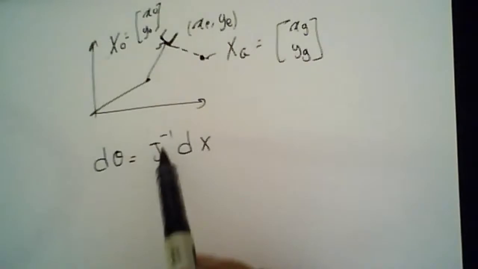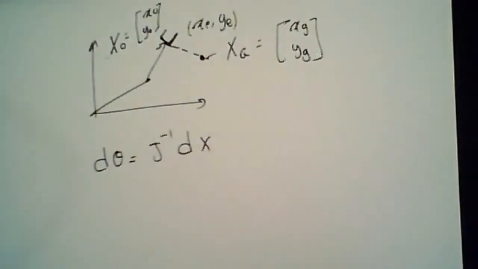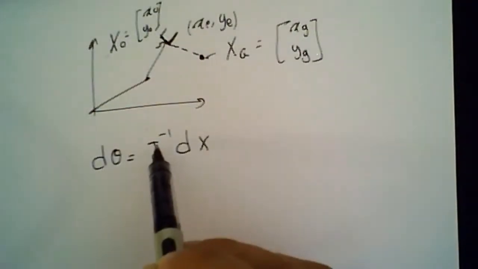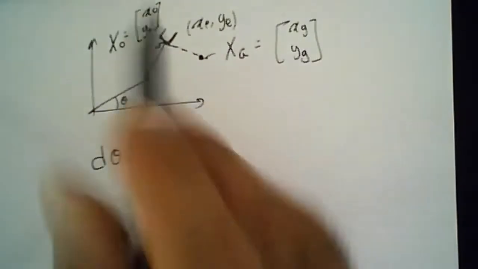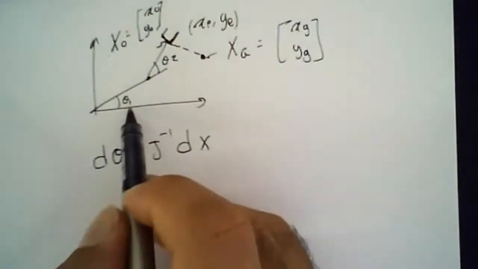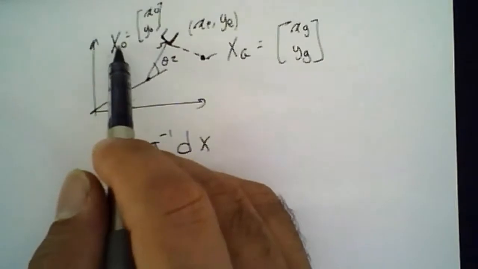To work with a Jacobian, we always need to have the angles of the robot. So here you will have the angles iteratively. You need to know the initial theta 0, here theta 1 and theta 2, and you use forward kinematics to calculate the initial position of the robot.